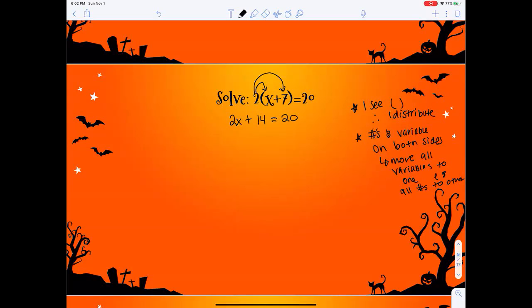It's easiest for me to just move this 14 over. So doing the opposite operation, negative 14. Again, what I do to one side, I do to the other, so negative 14. Positive 14 minus 14 is 0. This cancels. 20 minus 14 is 6.